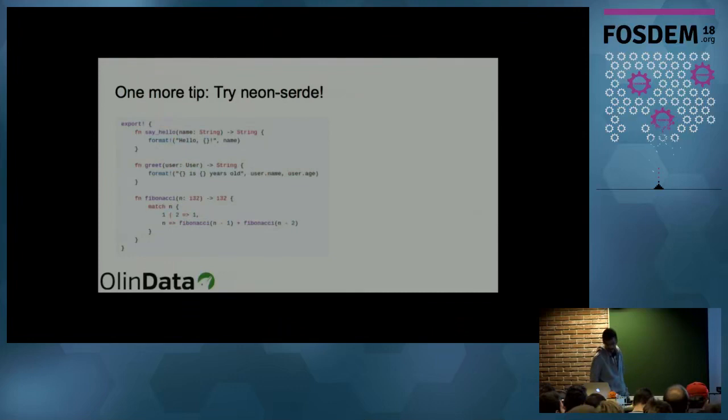So there is another tip. There is a project called Neon Serde. I'm not sure if I'm pronouncing it right, but it makes it quite easy to write code with Neon, because it takes care of all the conversion of the arguments and everything.